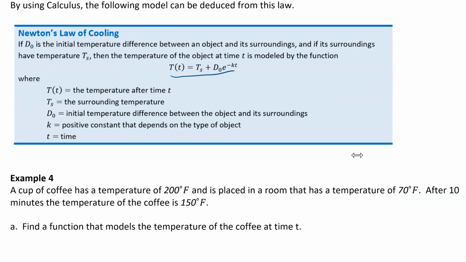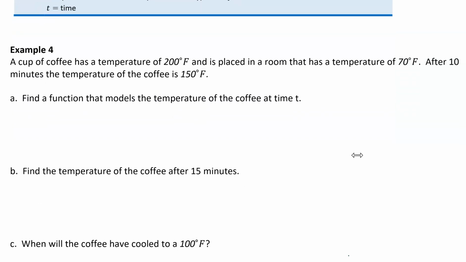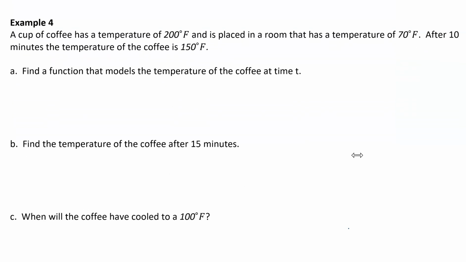As an example, let's suppose there's a cup of coffee that has an initial temperature of 200 degrees and is placed in a room that has a temperature of 70 degrees. After t minutes, we know the temperature drops to 150 degrees. So the first two bits of information are enough to get us started.